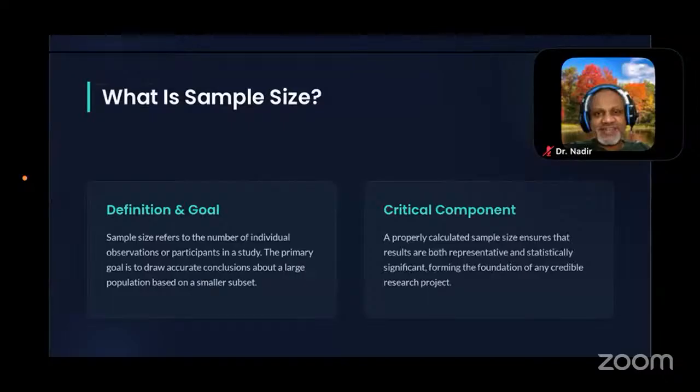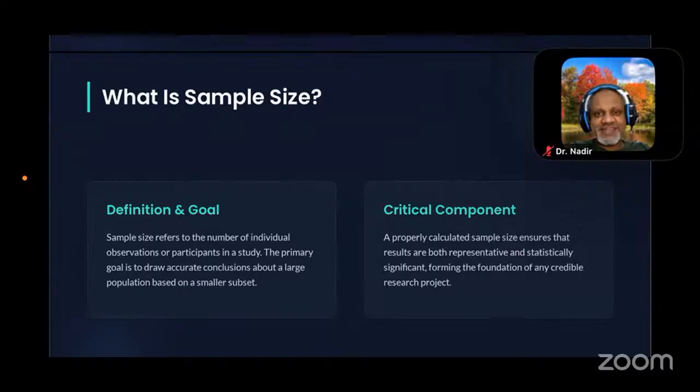So can anyone tell me why sample size is important? Why is it relevant? Why can't we just take the population of everyone? Does anybody know or would anyone like to share? Okay.